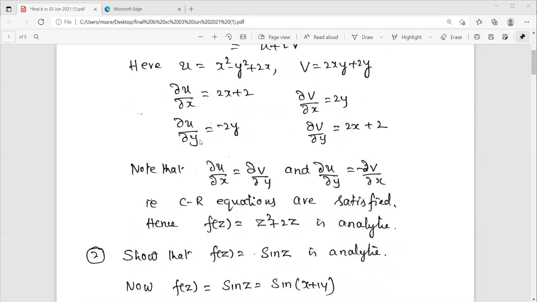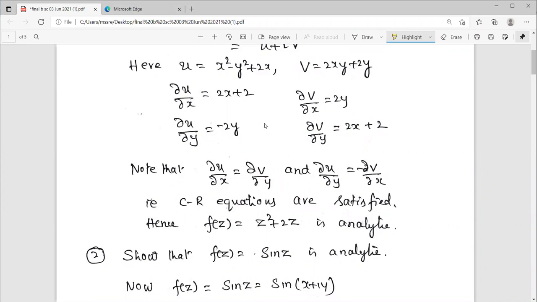Now we have to verify the CR equations, that is Cauchy-Riemann equations. So delta u by delta x, is it the same as delta v by delta y? Yes. So therefore, here delta u by delta x equals delta v by delta y, and delta u by delta y equals minus delta v by delta x.